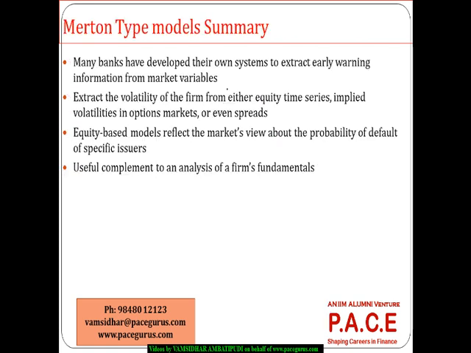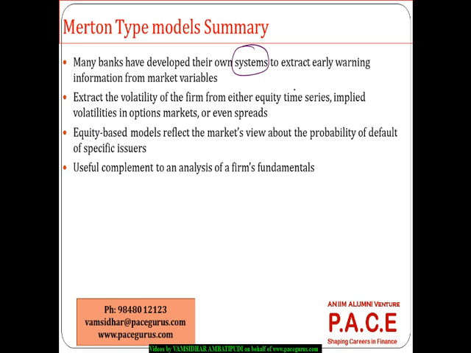So just to summarize, today there's a lot of popularity going around for the Merton type of models. Lot of banks have developed their own systems which bring out early warning information from the market variables. They have different ways of estimating the volatility of the firm.